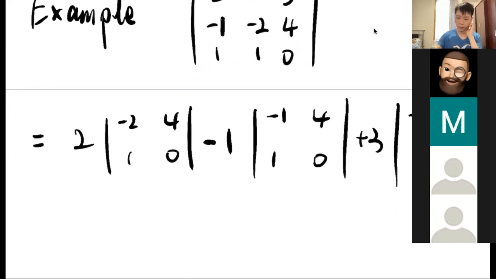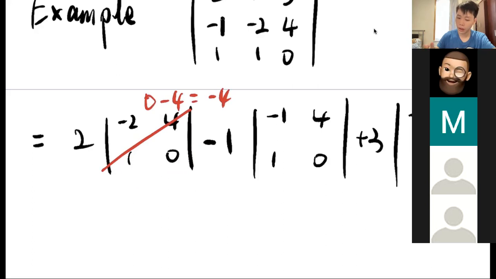For the first 2 by 2 matrix, the determinant is minus 2 times 0 minus 1 times 4, so 0 minus 4, which is minus 4.